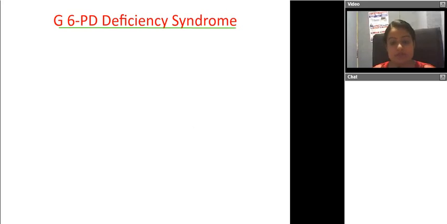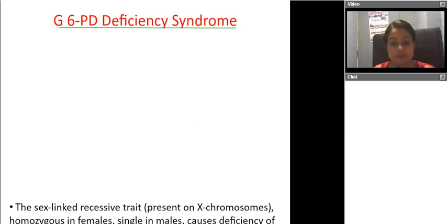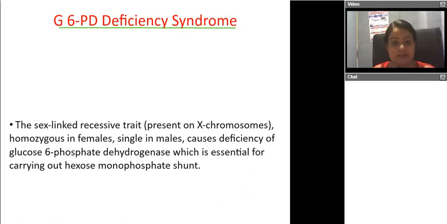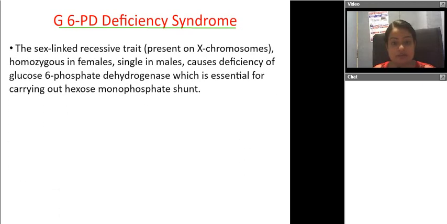It is a sex-linked recessive trait. These patients suffer from defect of vision, muscular weakness, loss of mental and physical control, and death. It is homozygous in female and single in male.